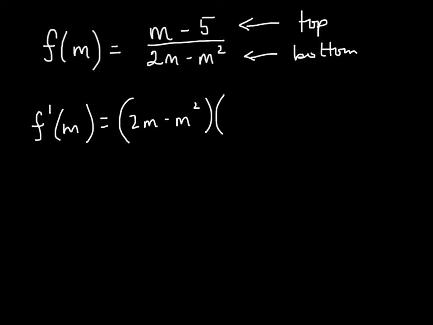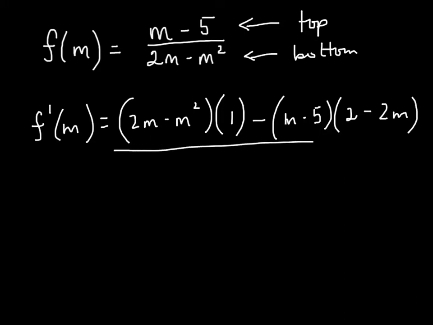Well, the derivative of m minus 5 is simply 1, minus the top times the derivative of the bottom, 2 minus 2m. See, our basic rules come back into play, all over the bottom squared. We put it in parentheses, 2m minus m squared, squared, and that's our derivative.